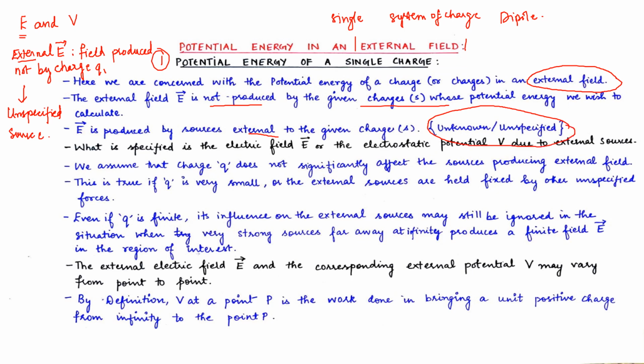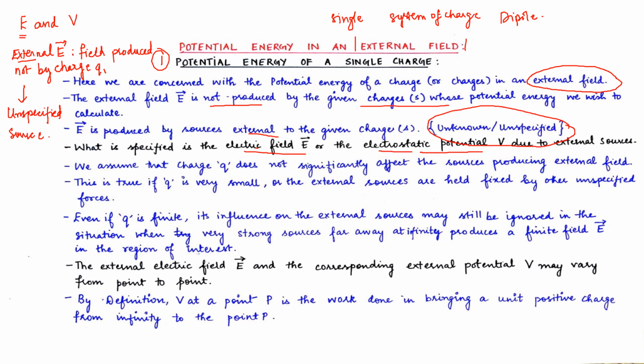What is specified is the electric field E or the electrostatic potential V due to the external sources. How can we say that electric field or the electrostatic potential is specified?